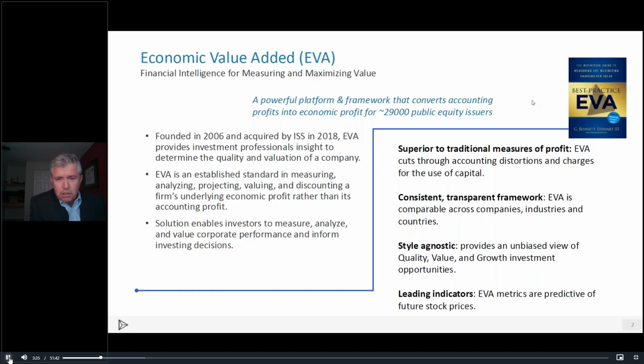Gavin, I'll go back to you for the EVA basics. Great, thank you, Casey. So economic value added, EVA, it's not new. It's been around since the 1990s as a concept, where it was originally used by the C-suite, so CEOs, CFOs, making performance target setting, investment and allocation decisions.